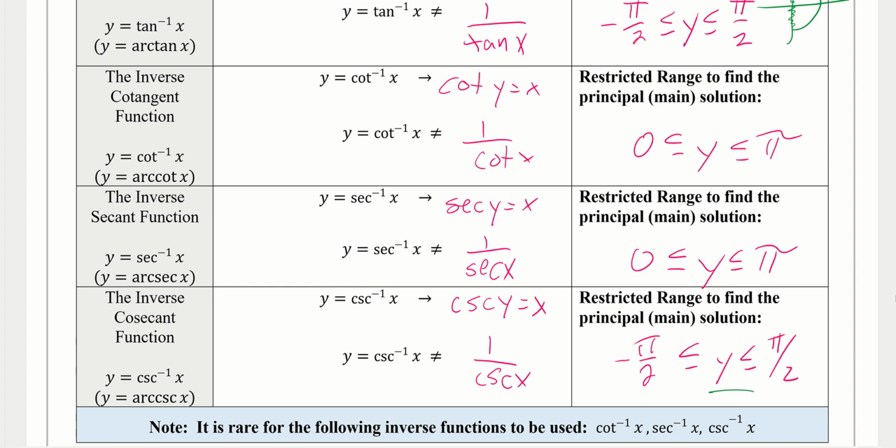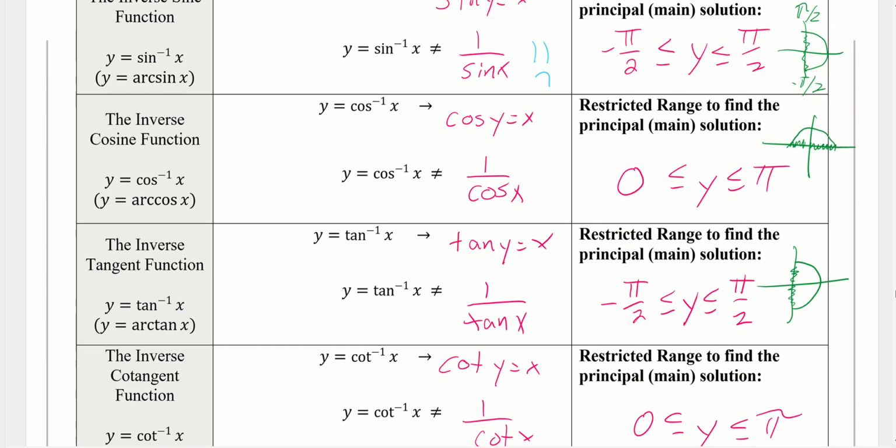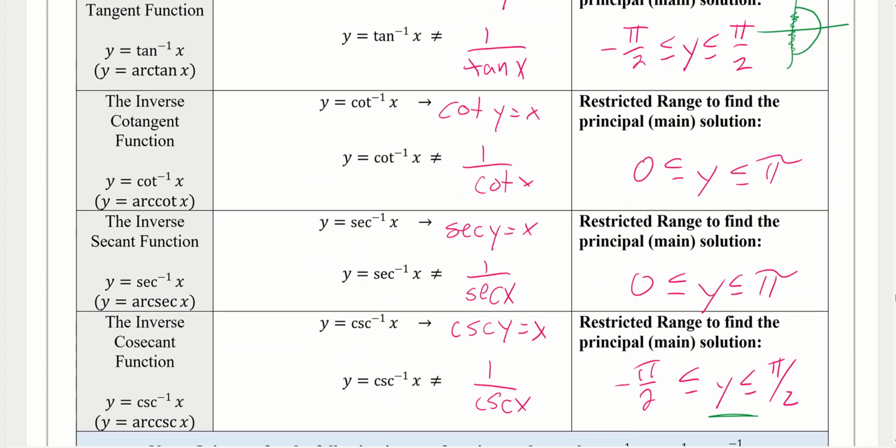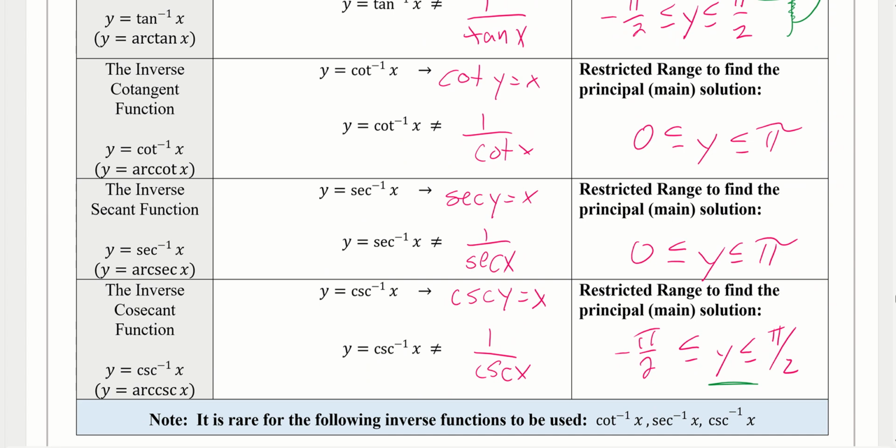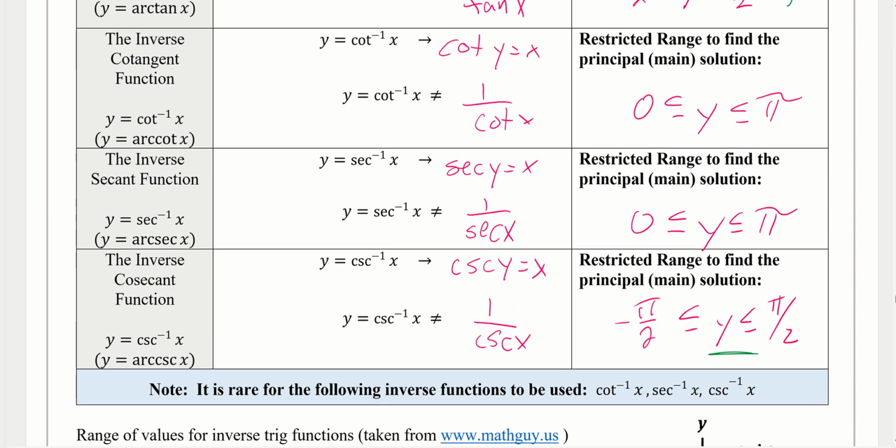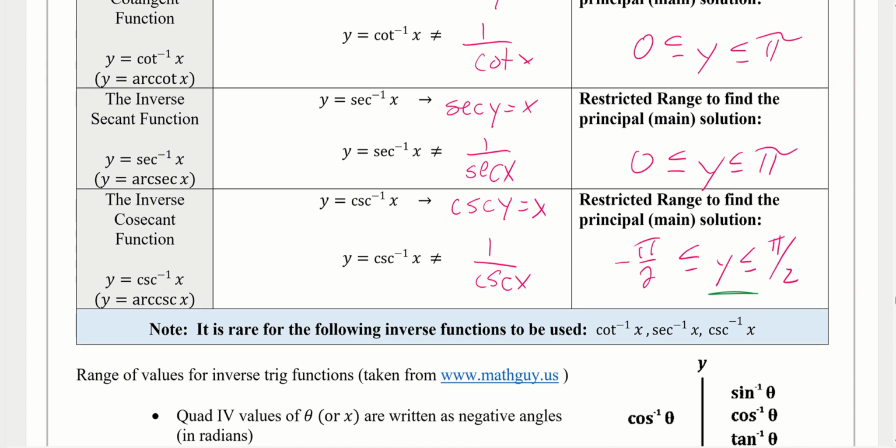That's why it has the same restricted range on those. It'll take you some time to think about it, but if you notice, your answer is pretty much either 0 to pi or negative pi over 2 to pi over 2. Okay, so that's pretty much your answers there.